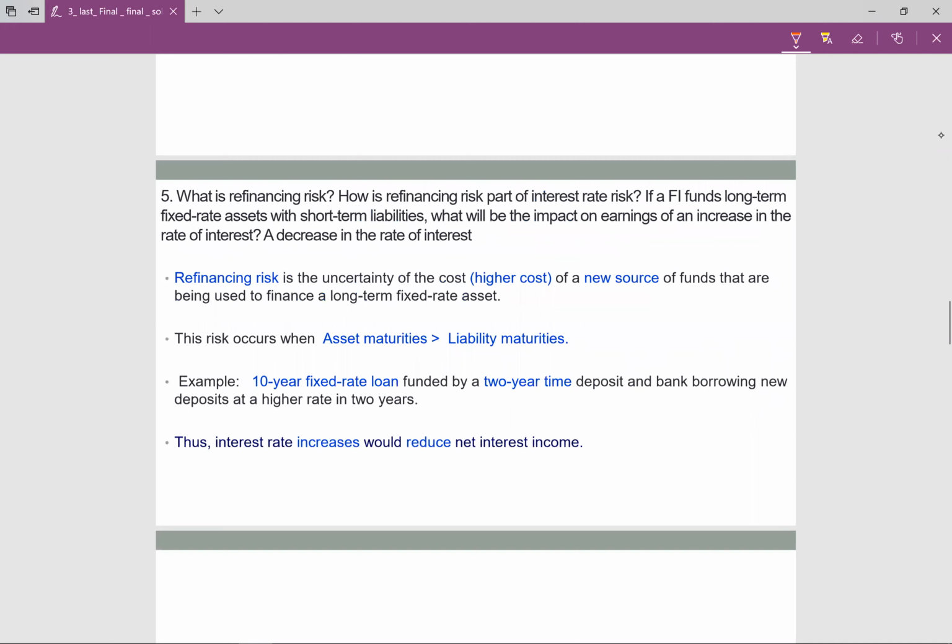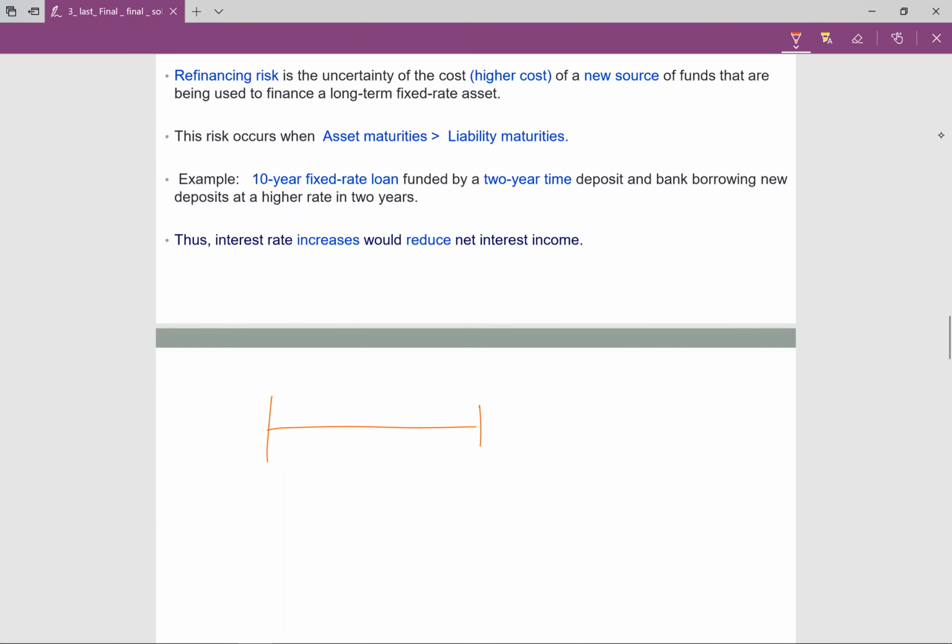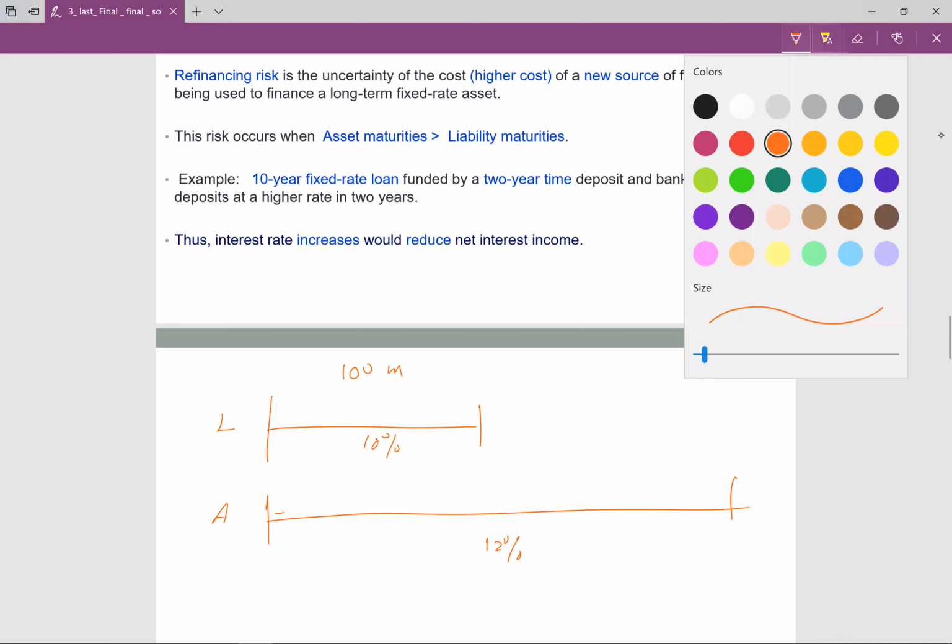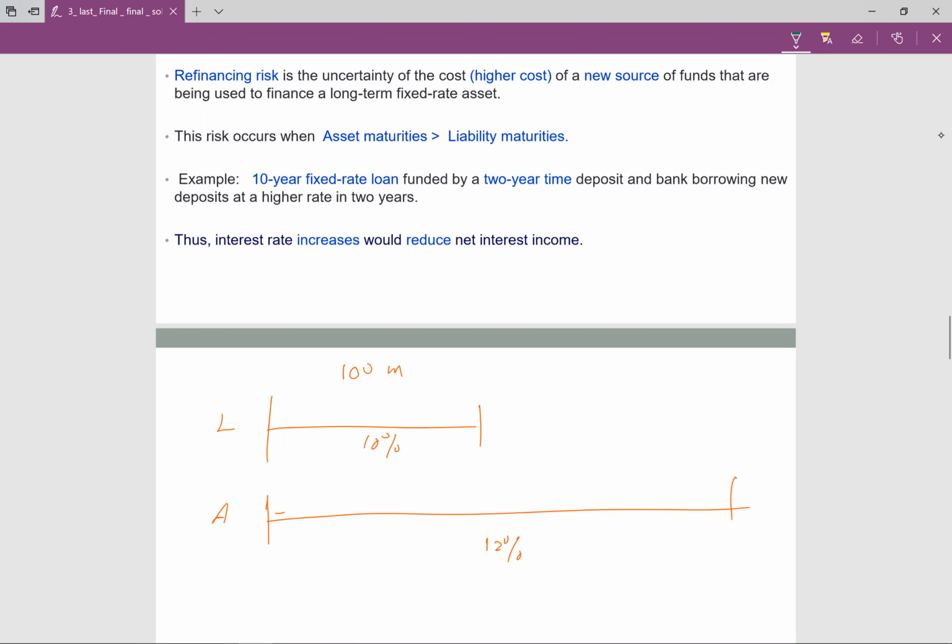What is the repricing gap? This is easy, which we already talked about. This is the refinancing gap. So I have 100 million, I already explained it. This is the liability, this is the asset. So this guy gave me 100 million at 10%. I gave a loan at 12%. In year two, I don't know what the rate is.